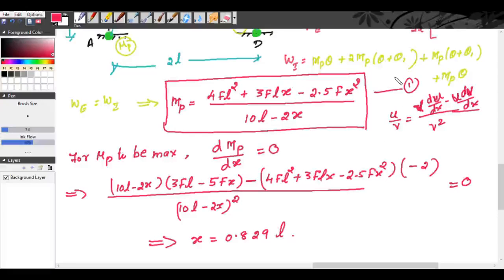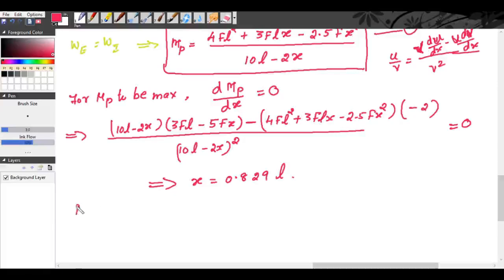Now you can substitute x is equal to 0.829L in MP. Take this as equation number 1. So substituting in equation number 1, we will get MP is equal to 0.572FL.